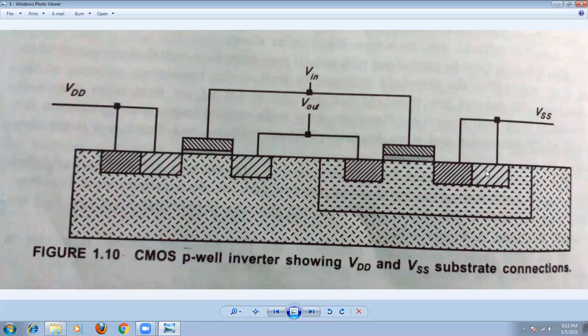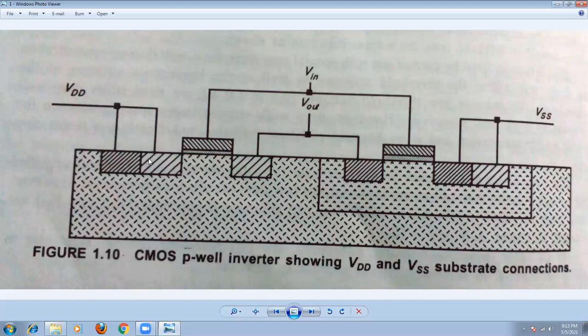That means this is required to connect the VSS terminal. That means you can supply to the substrate terminal also. Because already we discussed, when the substrate terminal is not in use, always connect the substrate terminal with the source terminal. So that is the main thing you have to remember.